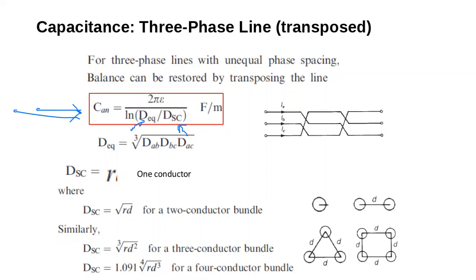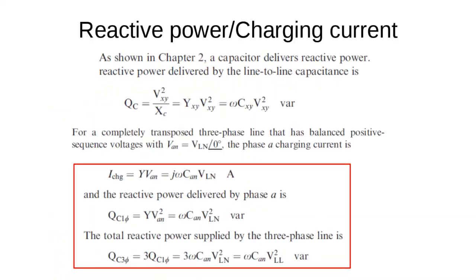But you use exactly the same formula that we discussed, it's just that instead of R prime it will be R. That's the whole difference between inductance and capacitance regarding the geometric mean radius. So this is the equation that you will use in determining the capacitance.